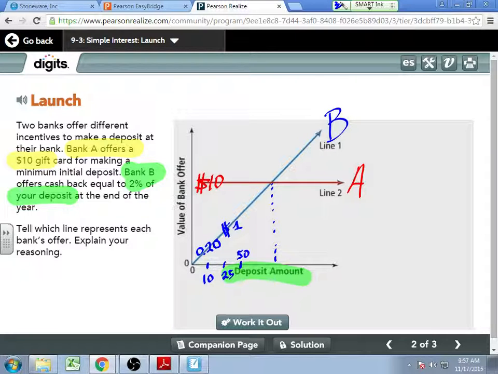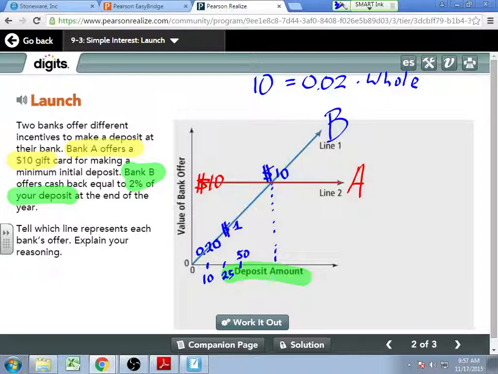By the way, this is not to scale. If this is $10 right here, we're trying to figure out how much I would need to deposit to get $10. Well, 10 would be my part. It's 2% of the whole, or of the deposit amount.